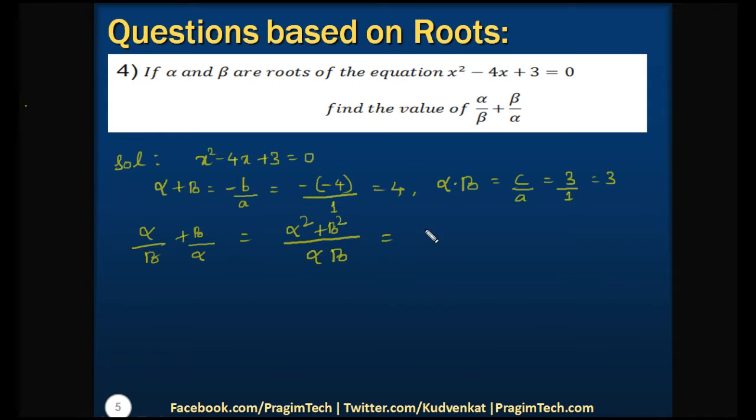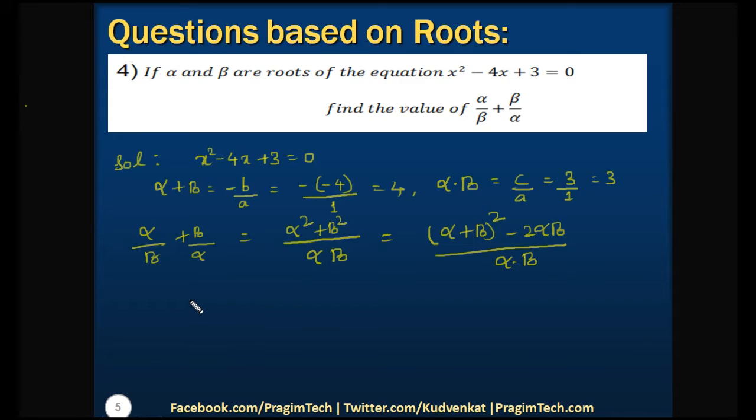This further we can write as alpha plus beta whole square minus 2 alpha beta divided by alpha into beta. Once we expand this, we get alpha square plus beta square plus 2 alpha beta. Here we have minus 2 alpha beta, so we can cancel out both of the terms. Then the resulting term is nothing but alpha square plus beta square.